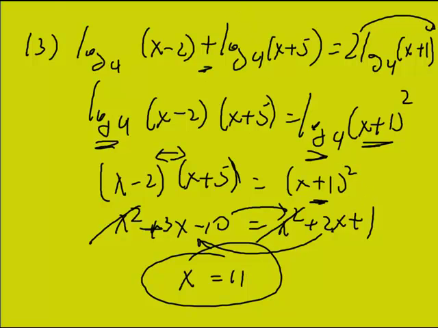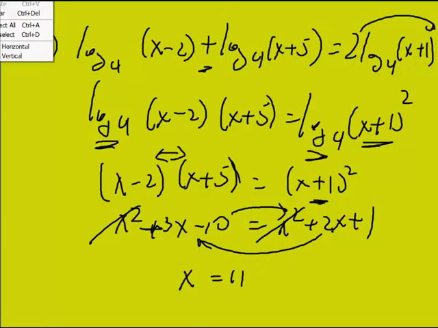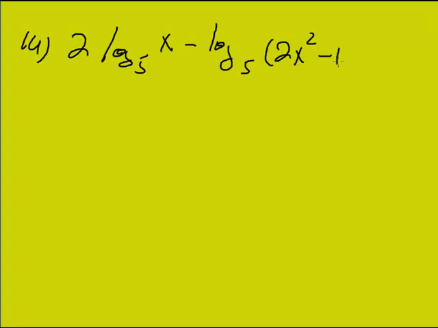14. I have 2 log base 5 of x minus log base 5 of 2x squared minus 1 is equal to 2.